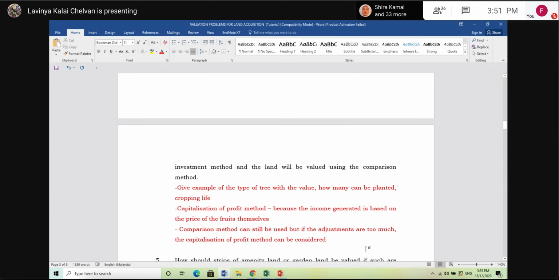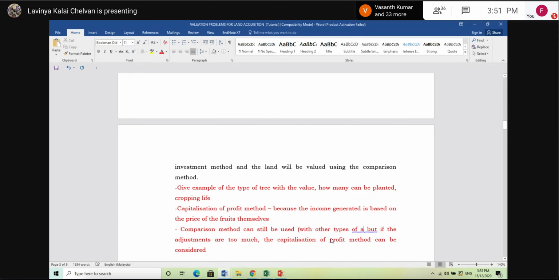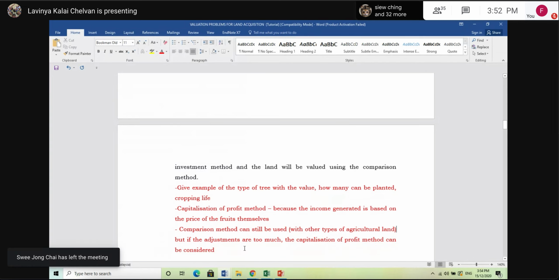To make sure you jump from that, you say that the adjustment might be more than 30% or 40%, which is out of the norm of maximum adjustment. Or, to conclude the value, we must check with the profit method, not only just do it.